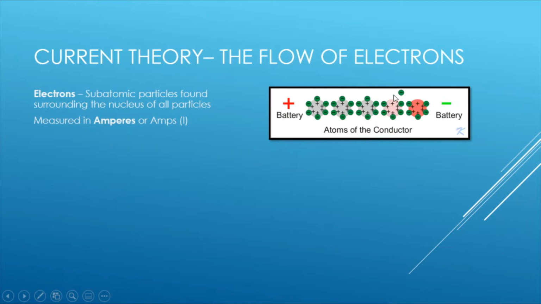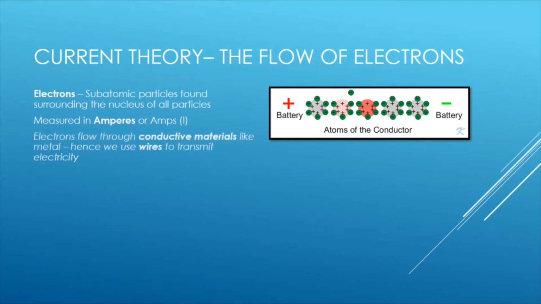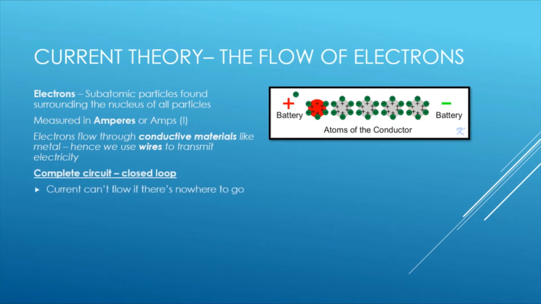We can see it from the negative side flowing over to the positive side. So they're attracted to the positive. Negative is attracted to positive. We know this. So electrons flow through conductive materials like metal. Hence, we use wires, obviously, to transmit electricity. I will say that some of this might seem rather primitive, rather basic, but you have to understand it, and it's out there for everyone. So I'm just covering all levels.